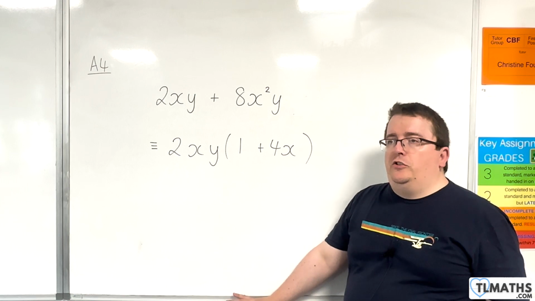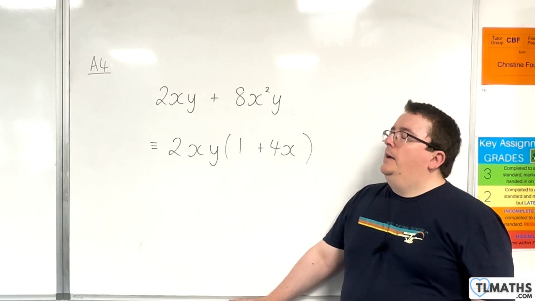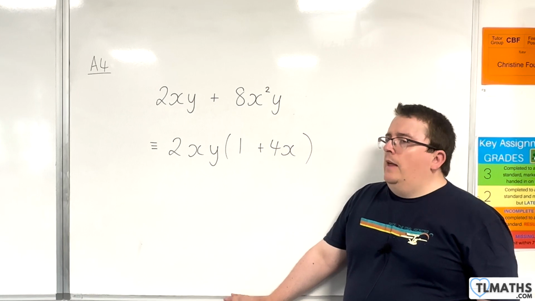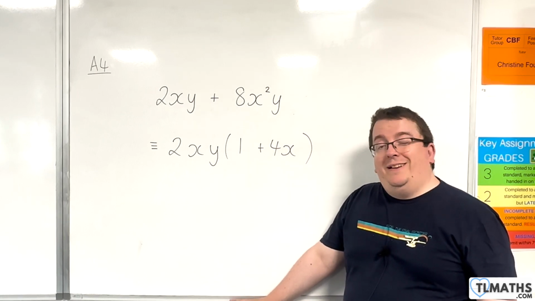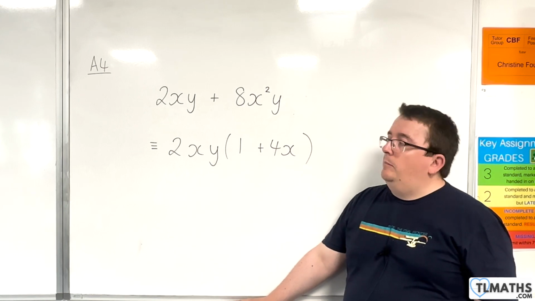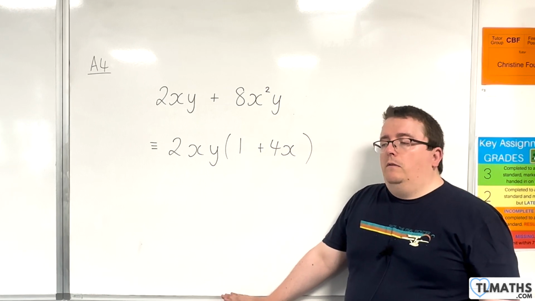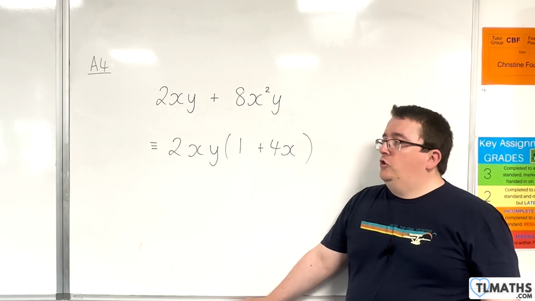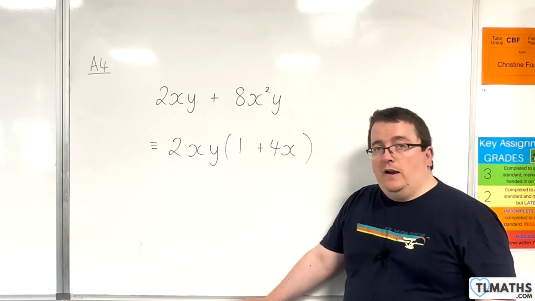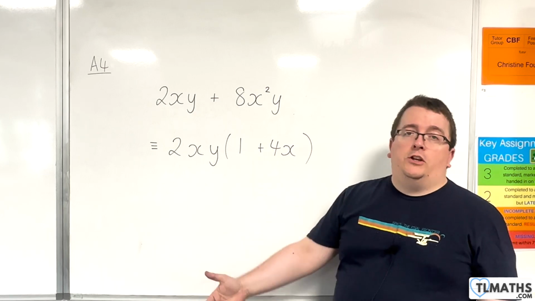Some expressions will factorise into 3 brackets or 4 brackets or 5 brackets, and with that type of factorisation, you're stepping into the realm of A-level at that point. Okay, so our focus will be very much on factorising into single brackets, then factorising into double brackets with examples that go from foundation up to higher.